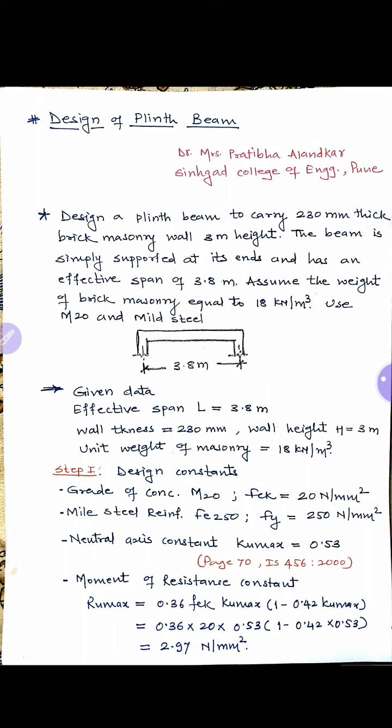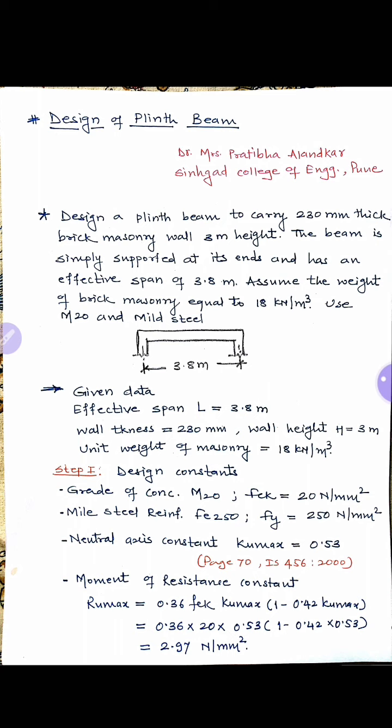So herein what I have considered is a plinth beam which is having 230 mm thick brick masonry wall, 3 meter height. Directly effective span is given of 3.8 meter, and unit weight of brick masonry is 18 kilonewton per meter cube.